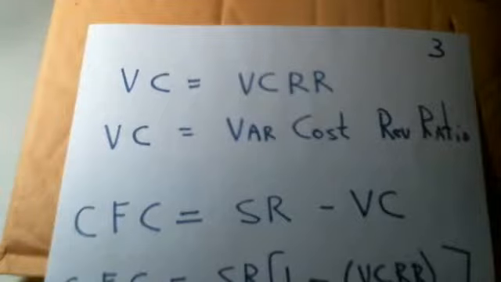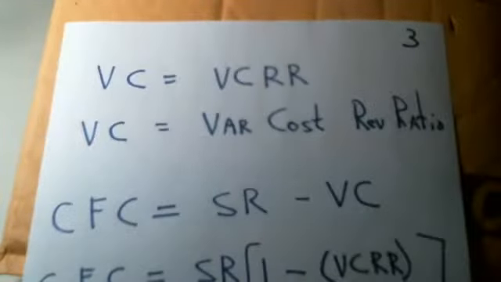Here, again, the VC, we're going to reclassify that variable as VCRR. That just simply stands for variable cost revenue ratio, which on the previous page was 50%. So it's going to be some 40%, 50%, 60%, 65%, etc.